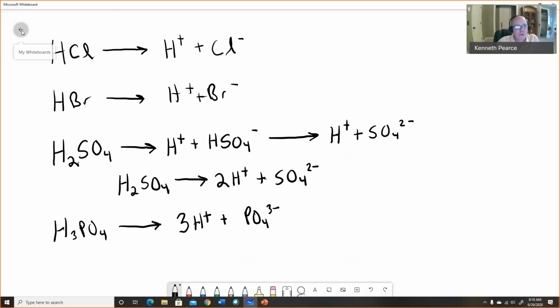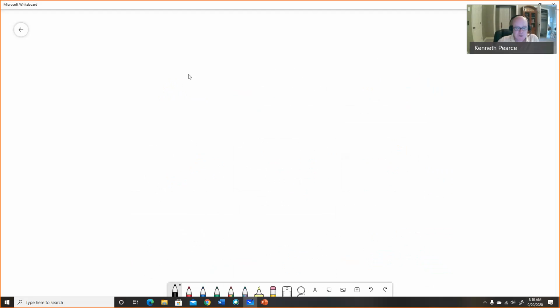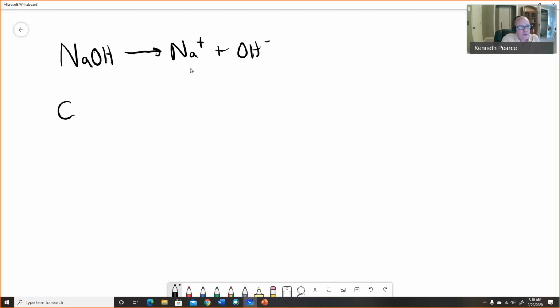And so when a base dissociates, the hydroxide comes off. So we have, say, sodium hydroxide. It's going to produce the sodium cation plus the hydroxide. And just like with the acids, if you have more than one of the hydroxide, well, that 2 in the parentheses means you come off with 2 hydroxides.